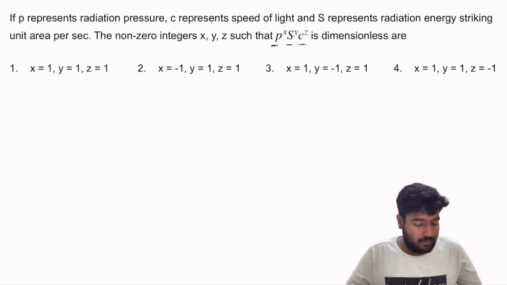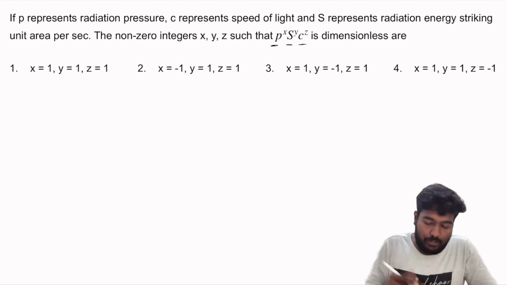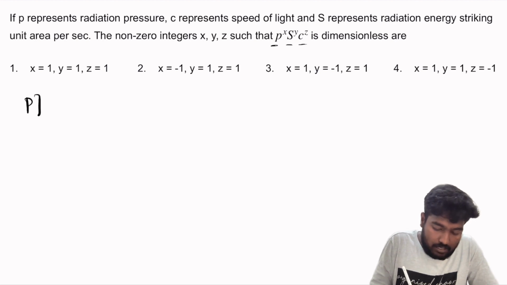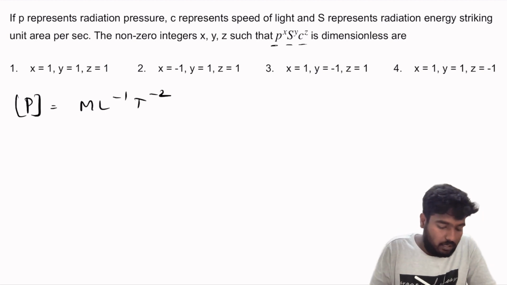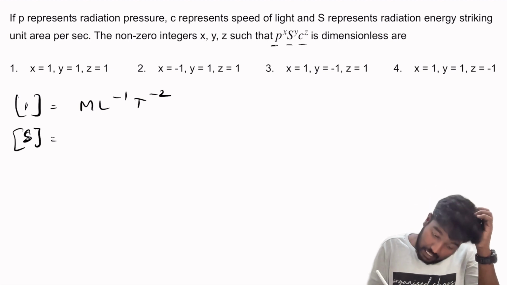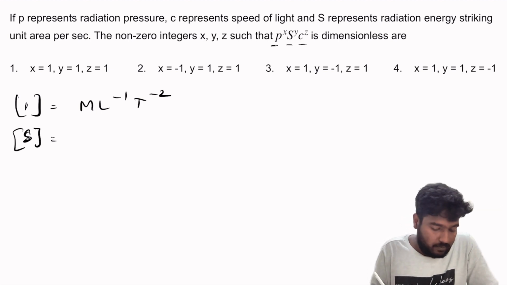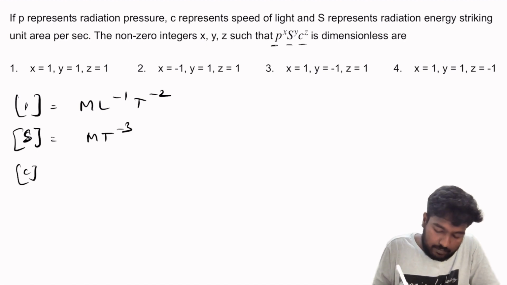Before that, we have to know what radiation pressure is. The radiation pressure is M L power minus 1 T power minus 2. The radiation energy striking unit area per second is M T power minus 3, and velocity of light is L T power minus 1.